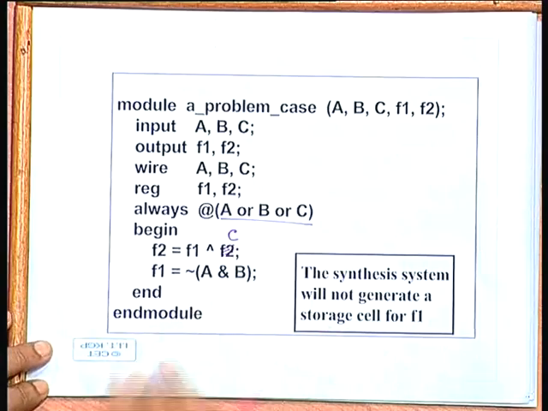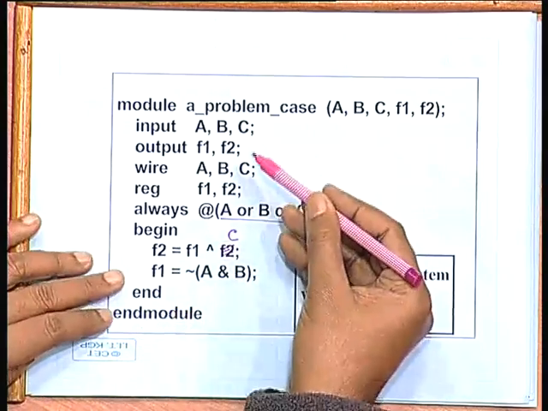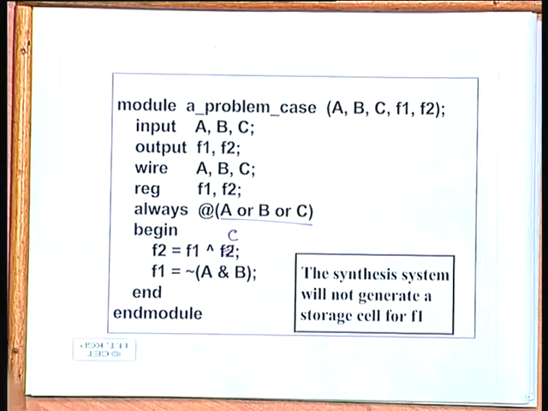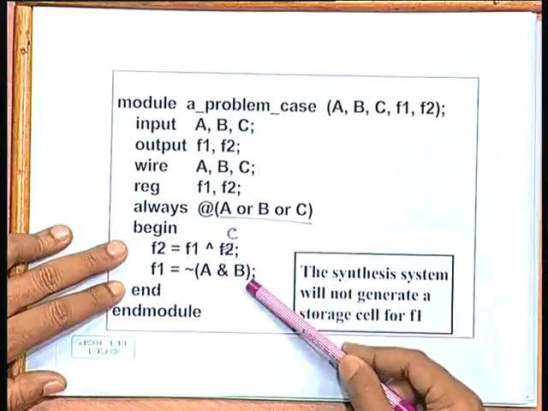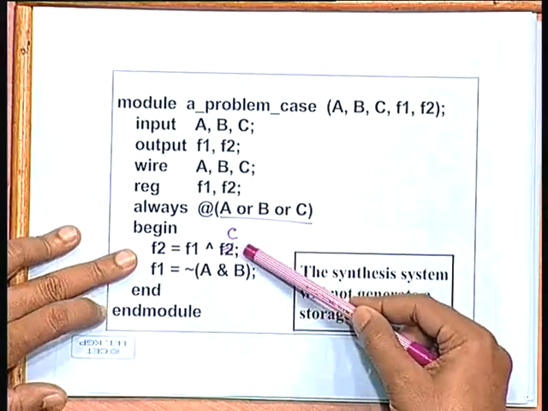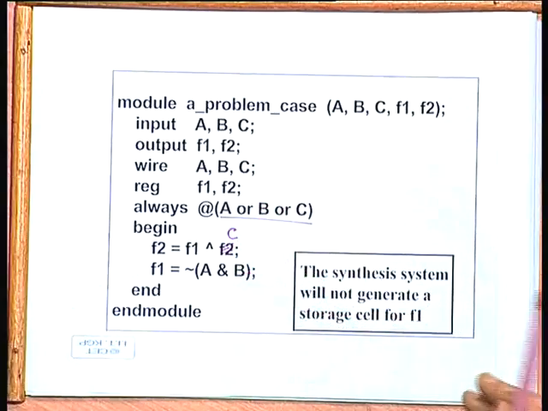So what the user apparently thinks and what the Verilog translator does, there can be a conflict if you are not very careful about it. But of course, if you know how the translator works and how it will deal with this situation, then it is fine, but there is a chance of making a mistake here.